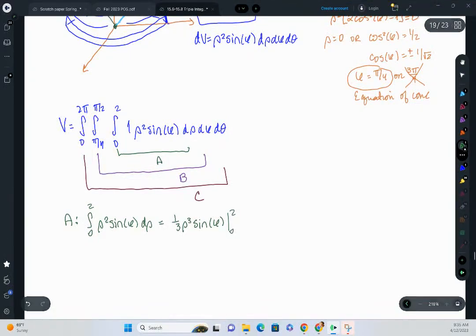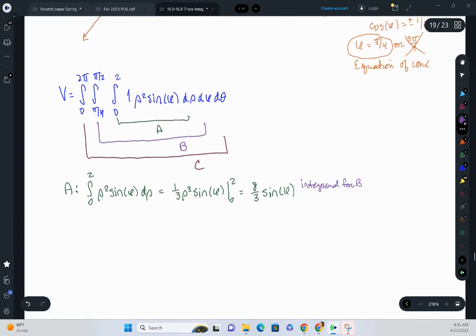And now when I plug in my 2, I'm going to get 2 cubed, which gives me 8/3 sine of phi. The contribution from 0 is nothing. And so this right here is my integrand for B. All right, so for B, we're doing the middle integral.